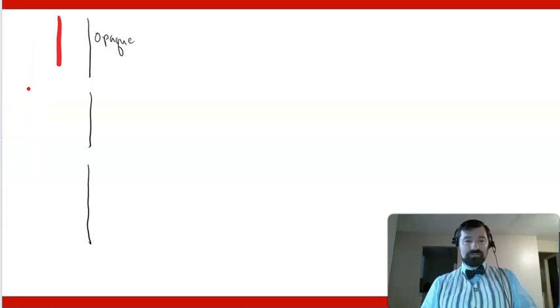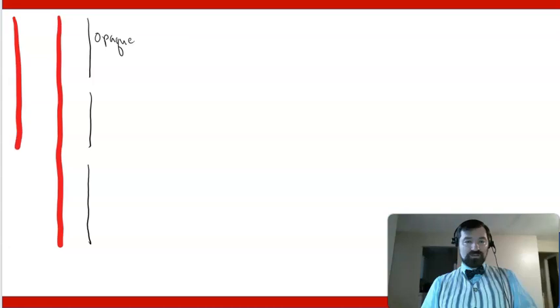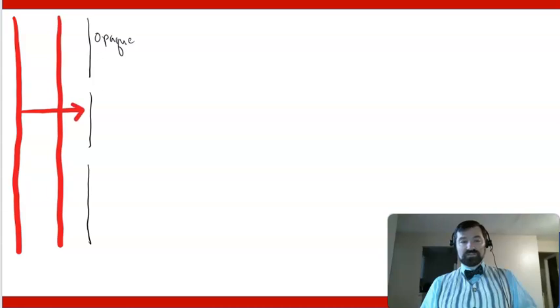So I'm going to represent my light as a series of wave fronts. And these wave fronts are meant to be plane waves. So essentially that means that you have the same intensity or brightness here as here as here, etc. It's not focusing, it's not defocusing. And these are moving towards the slits in this direction.